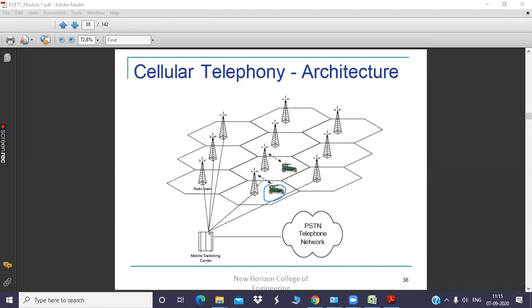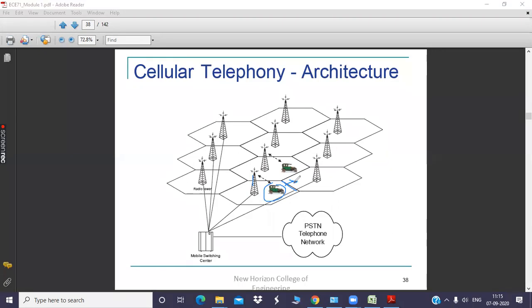He is having a conversation with some other mobile users in different cells, so he has a radio link with this particular base station. But the thing is that this mobile user has a dynamic behavior, meaning it is moving. It is moving around the cell, and also over the edge of the cell, and at a particular point of time it crosses this boundary and moves towards the adjacent cells.